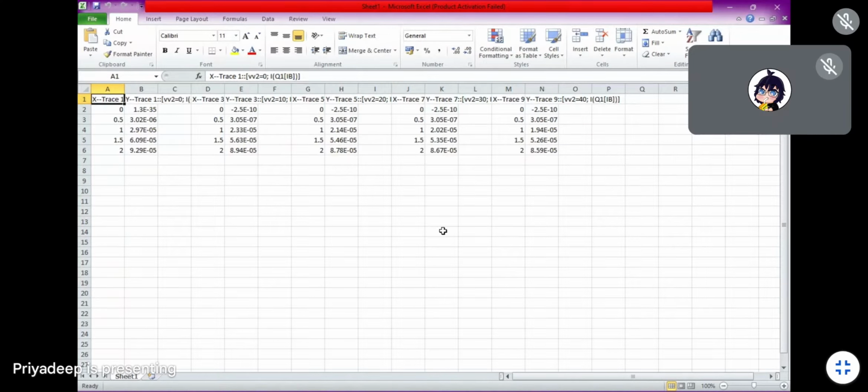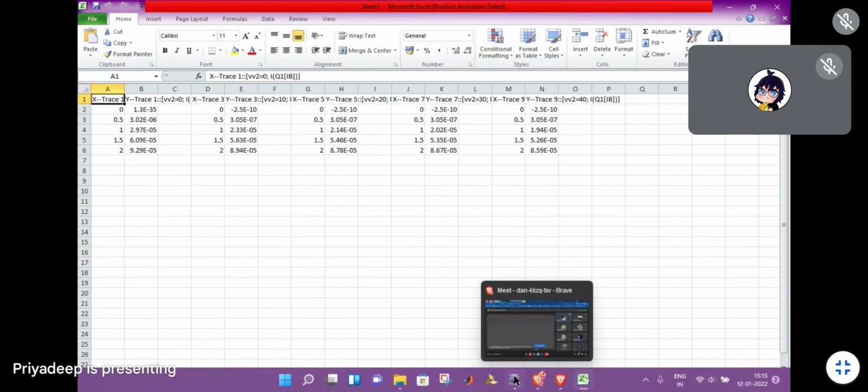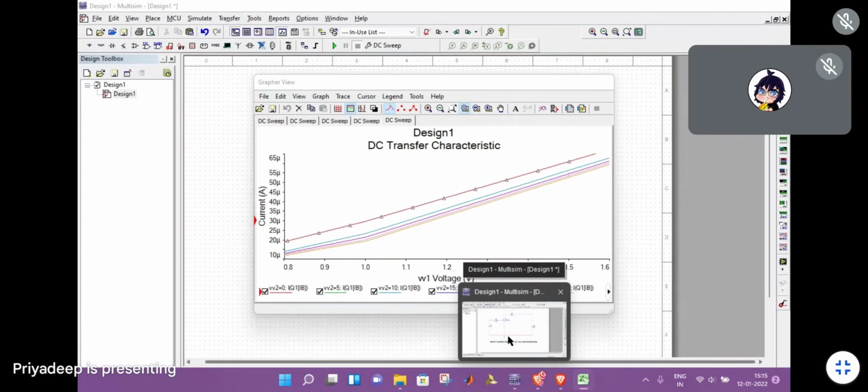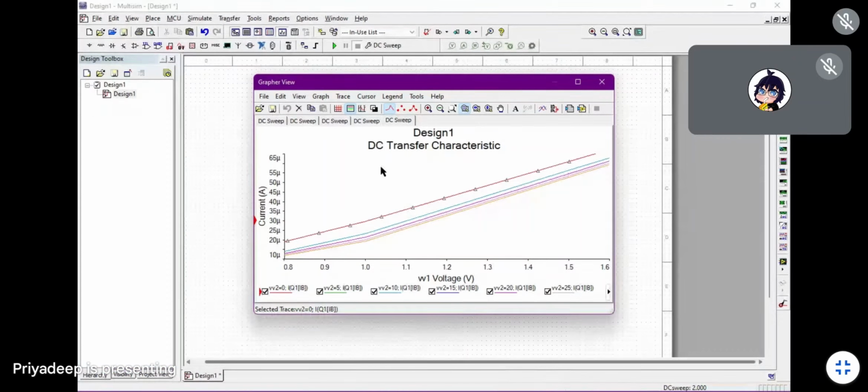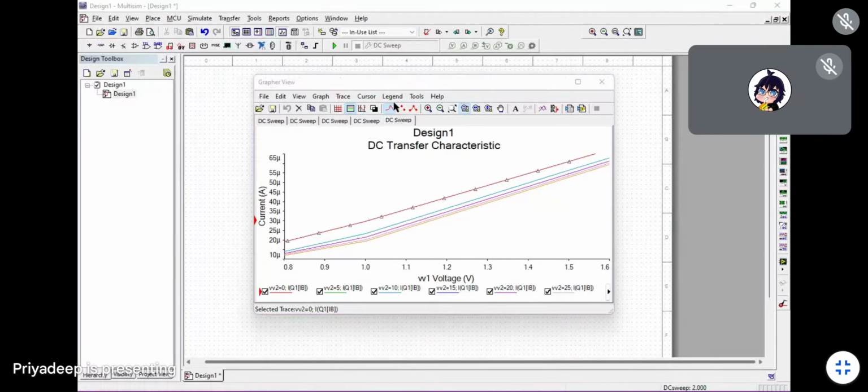So you can increase the value of the VBE. Increase the increment value for VBE so that it will be very clear. At least 10 to 15 values you must get. So in your DC sweep, increase the increment value.